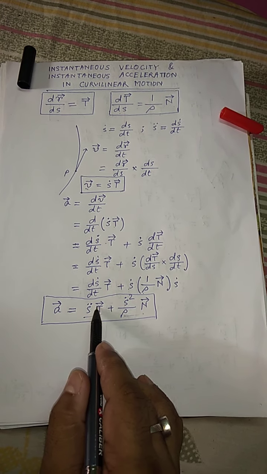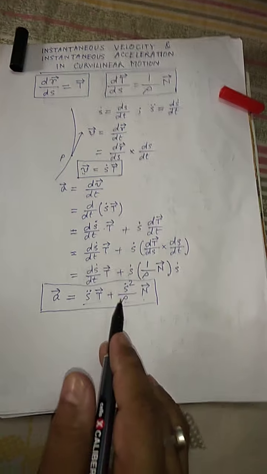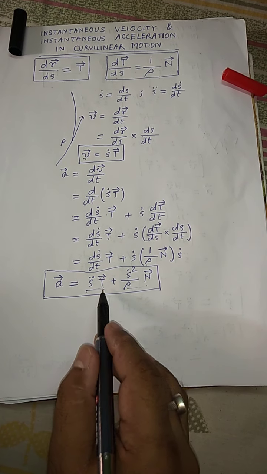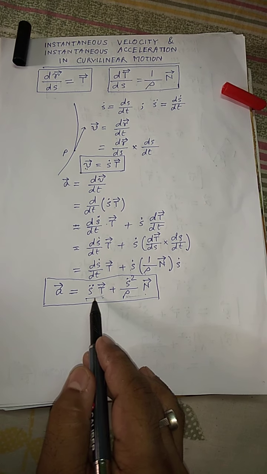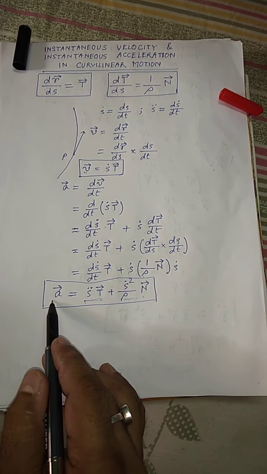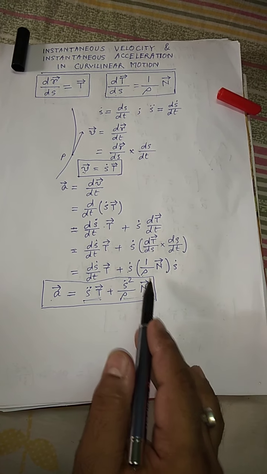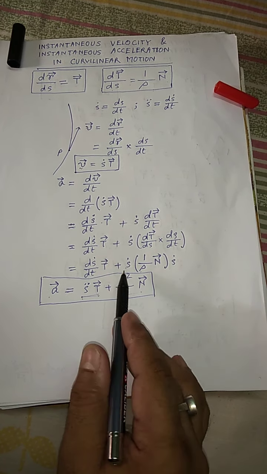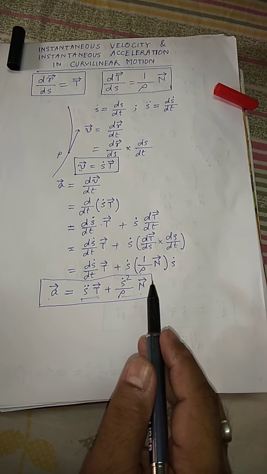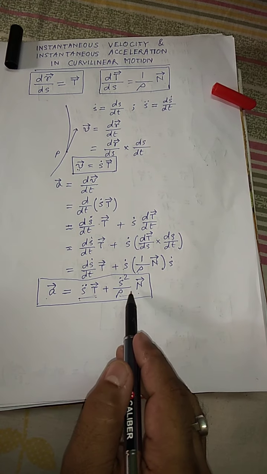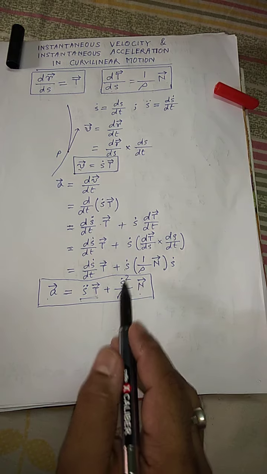Since the unit tangent and the unit normal are mutually perpendicular to each other, we can say that this is the tangential component of the instantaneous acceleration of the particle, and this is the normal component, which can also be said to be the centripetal acceleration, and it's directed radially inward.